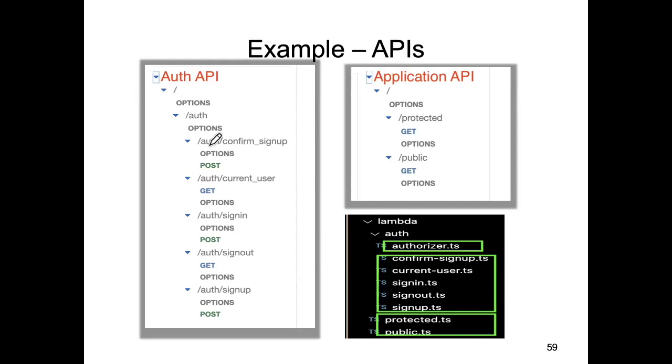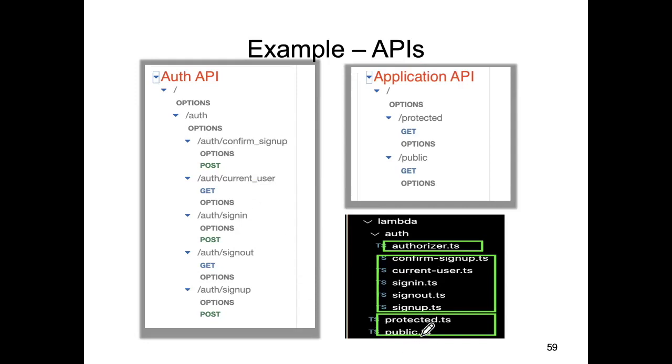It just has two endpoints, just to illustrate a public and a protected route within your application. So that's what you see on the right. Down in the bottom right of the screen, I'm showing you the various lambdas that I need to support all of this. So these are the lambdas that will be backing all of the stuff over here.